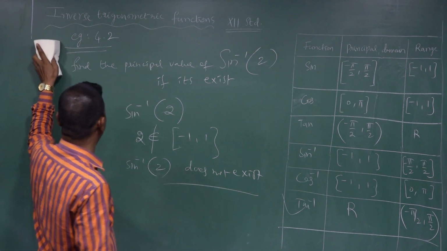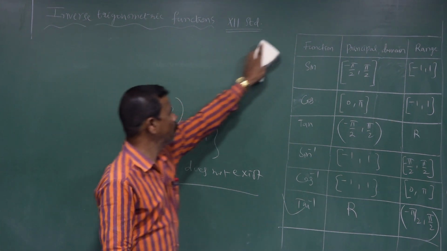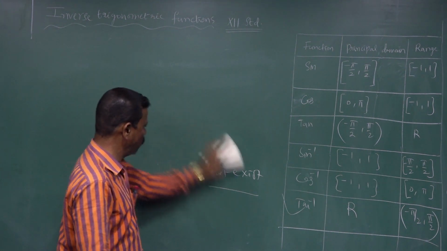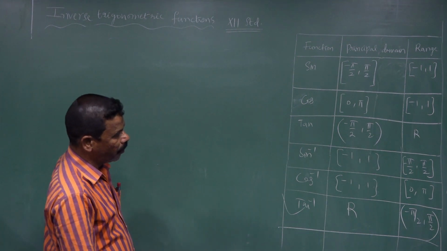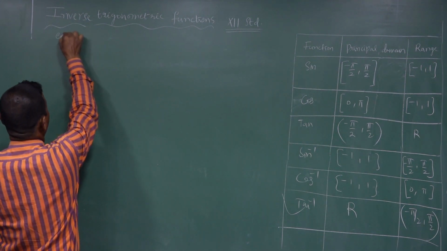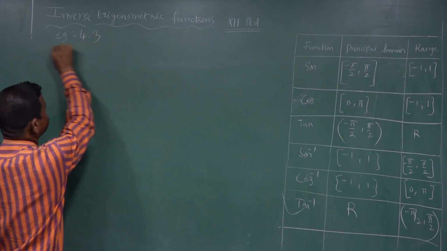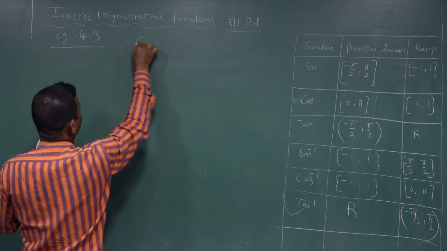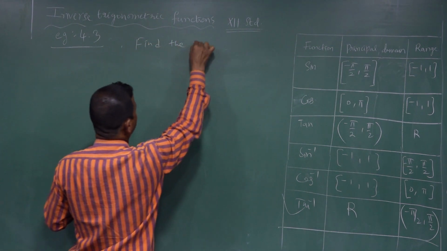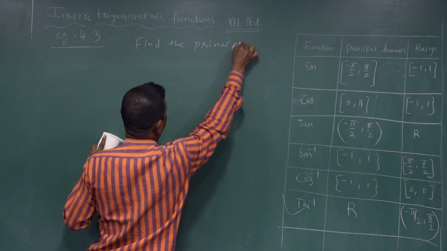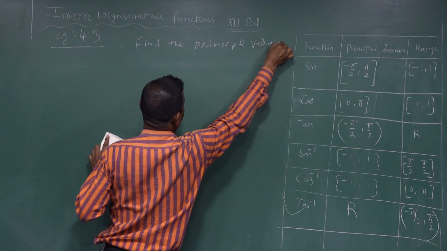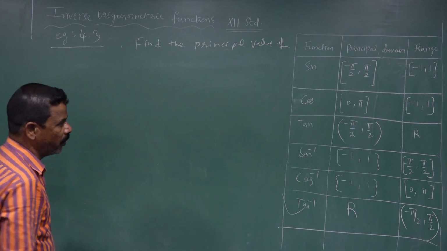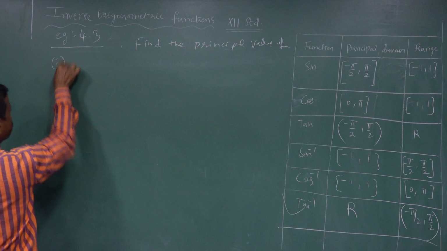So next problem. Example 4.3. Find the principal value of these 3 questions.